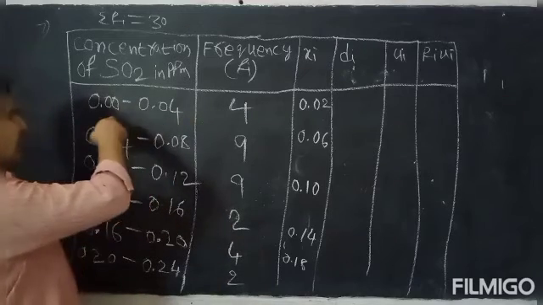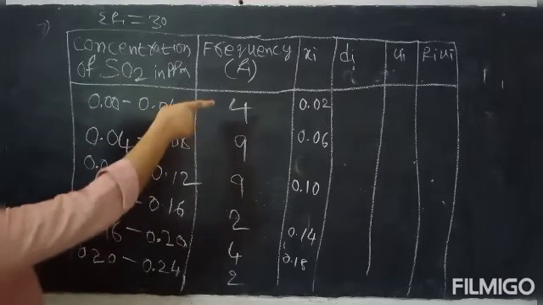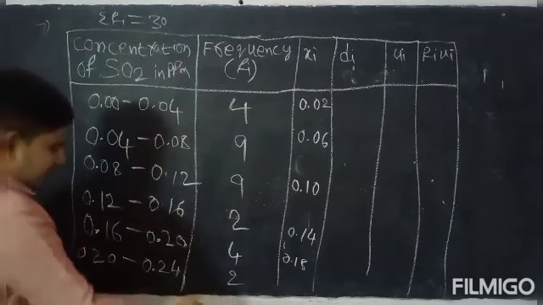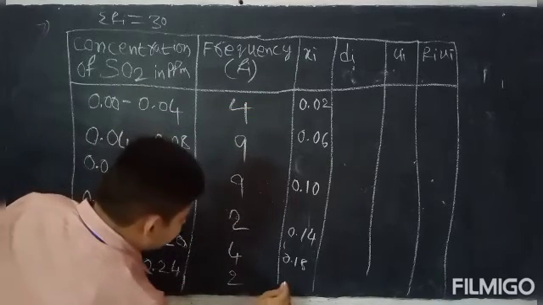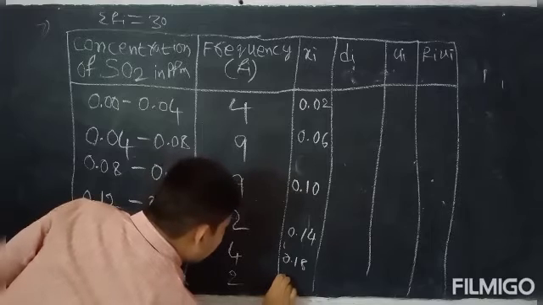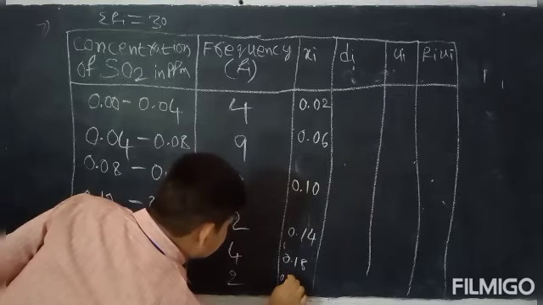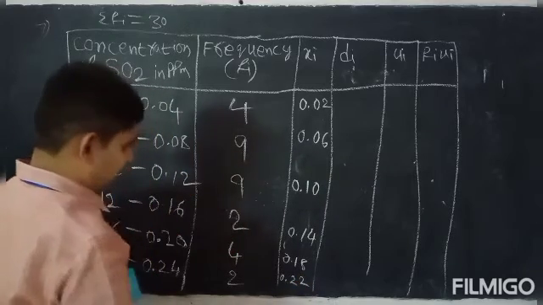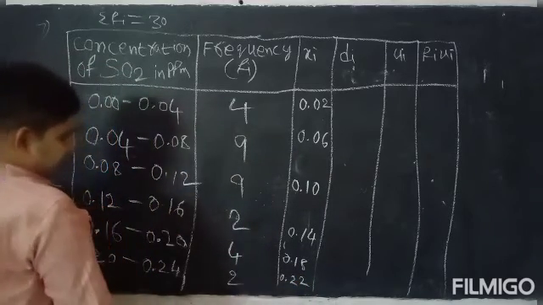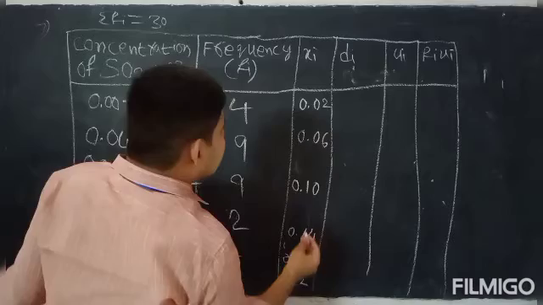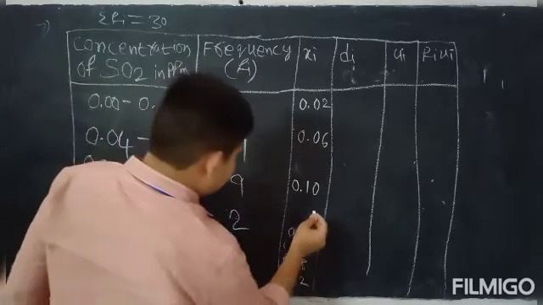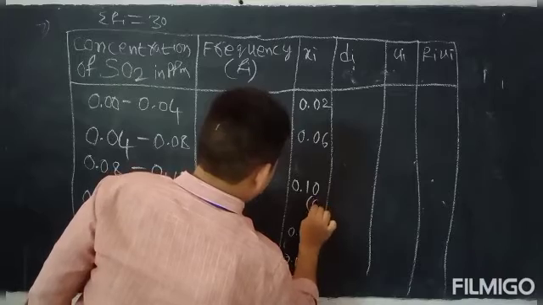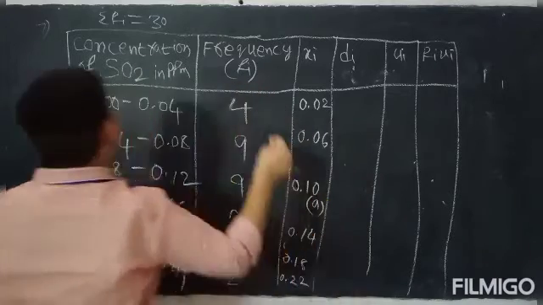Height is 0.04, so at 0.02 each and every value we can get it as 0.22. Okay, now in this I am taking 0.10 as a value.